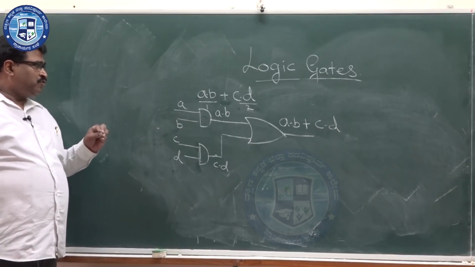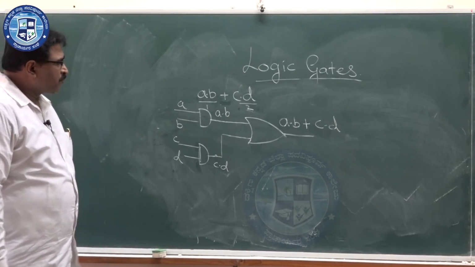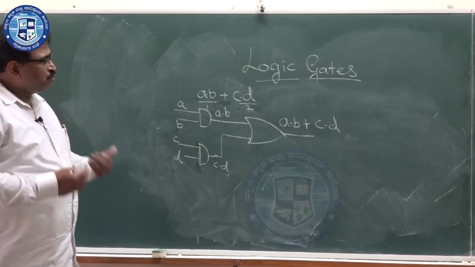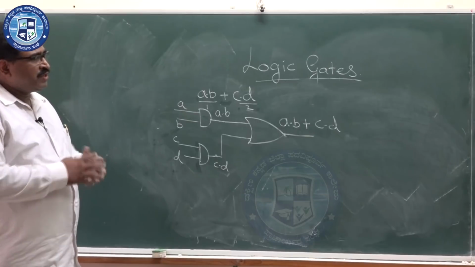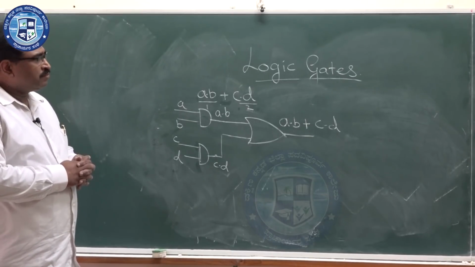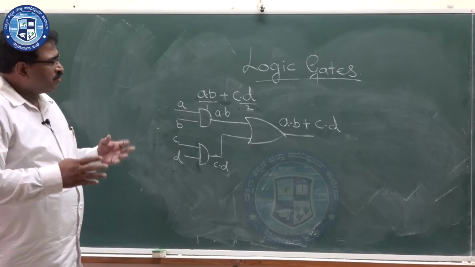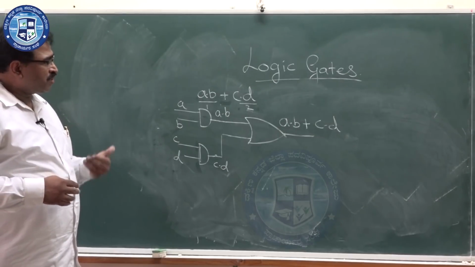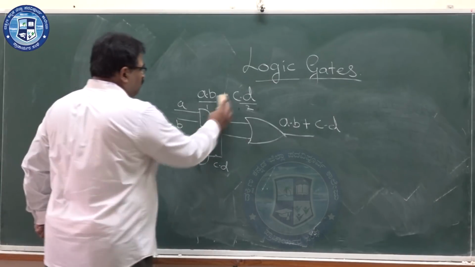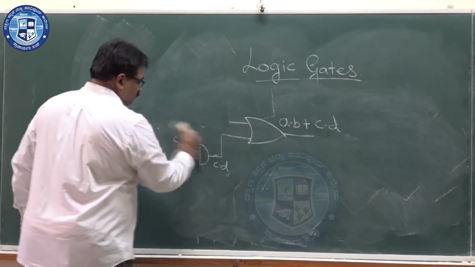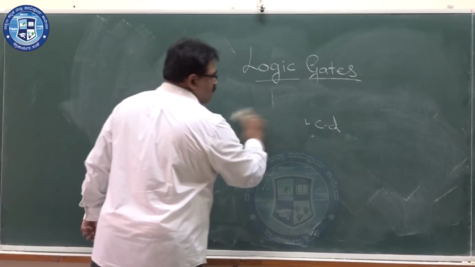Now I would like to give you a simple example. What we basically do in Boolean algebra is try to reduce the expression by using the algebraic method or by using the K map and so on.